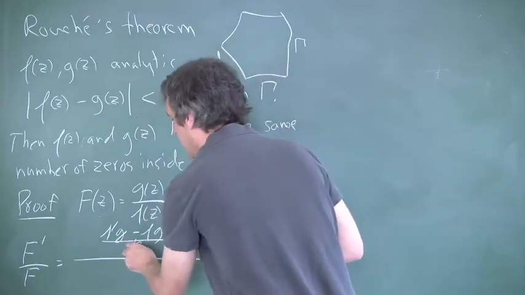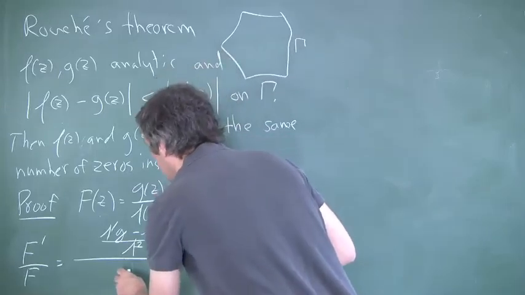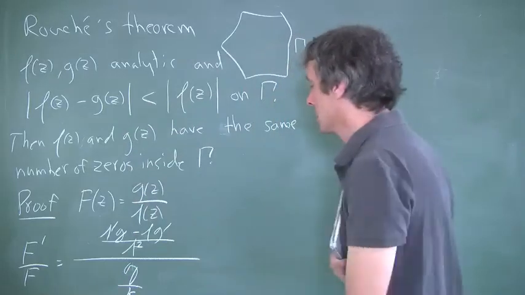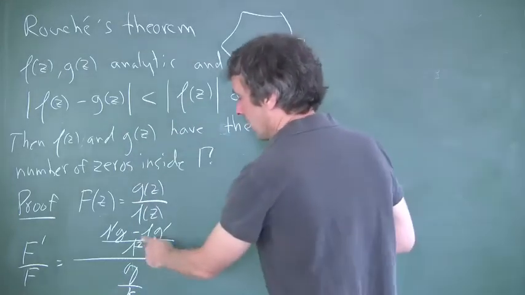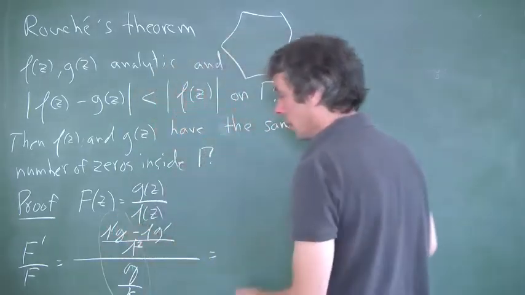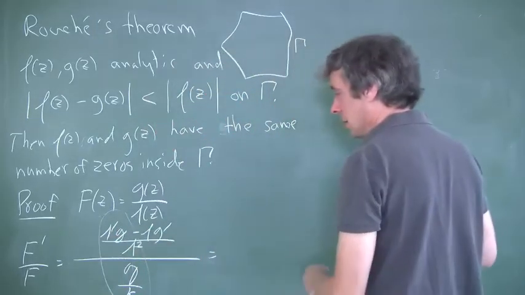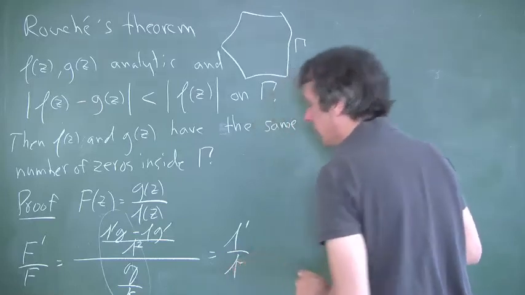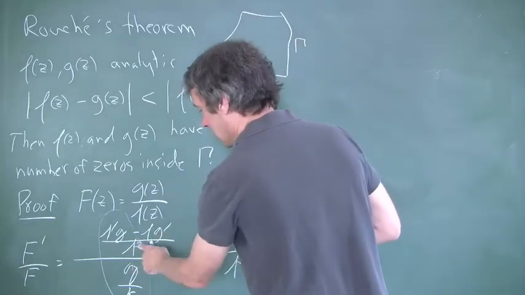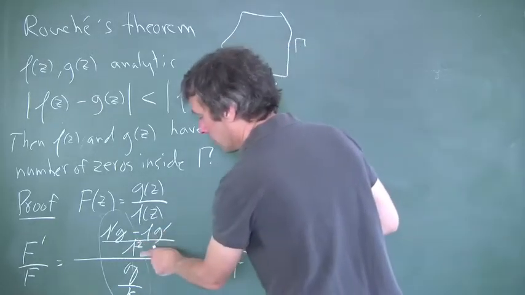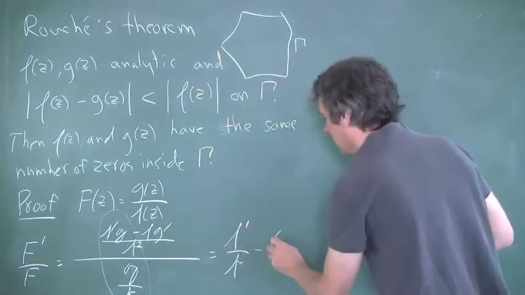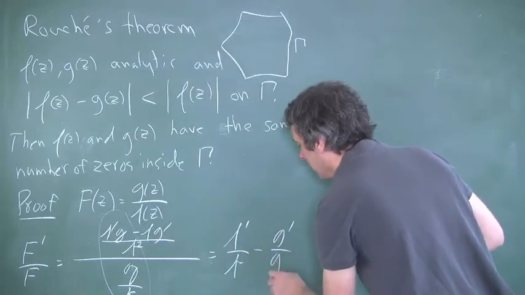And down here you will get g divided by f. And then you see that the first term, when you cancel out the g, you will be left with f prime divided by f. And the second term, when you cancel out all the f's, you will be left with g prime divided by g.